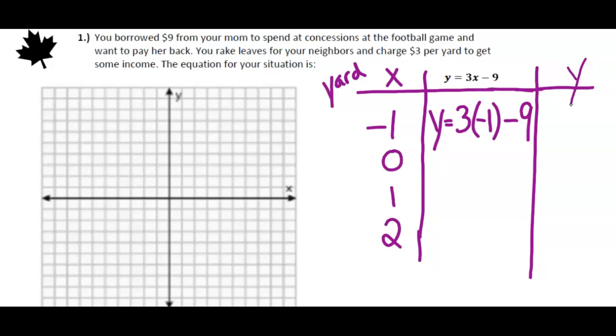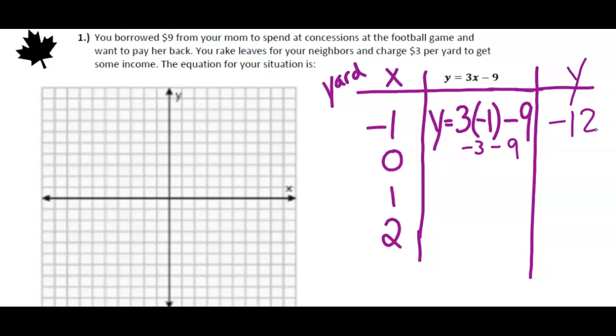Okay? So 3 times -1 gives you -3 minus 9. You're just bringing that down. -3 plus -9 gives me -12. We're going to talk a little bit about what that situation means in a moment.